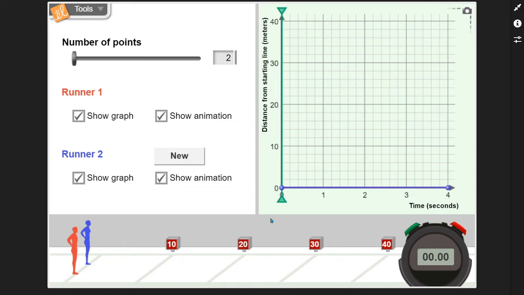And I want you to make a prediction. What do you think is going to happen if I keep the lines horizontal like this along the x-axis when I press the green button? Okay, make a prediction. Are you ready?